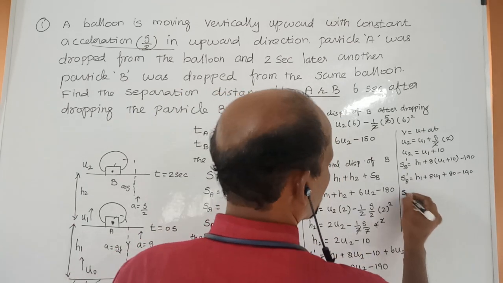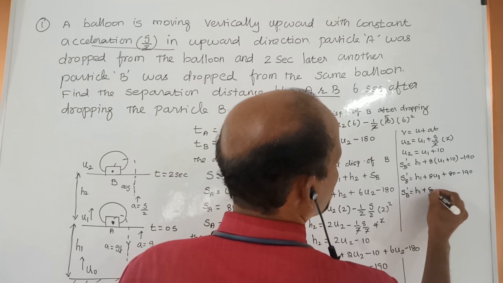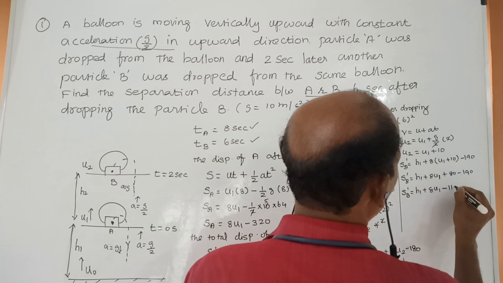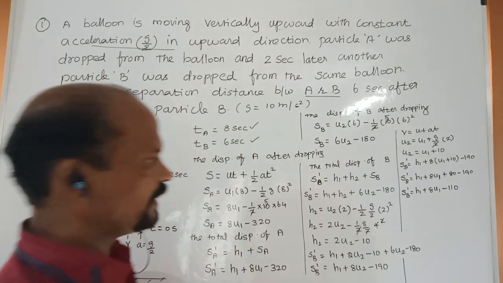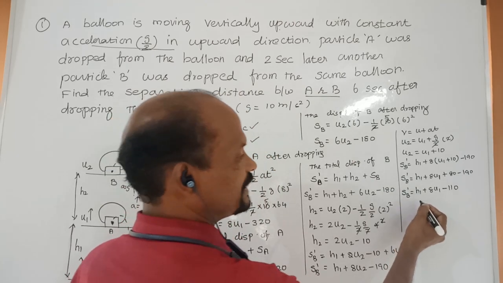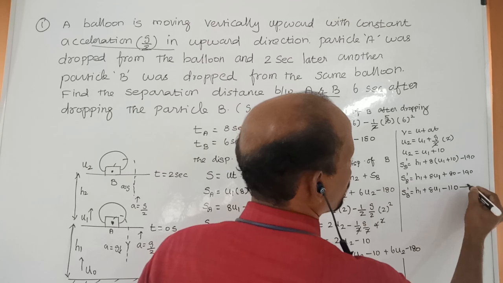Then we can subtract these values: H1 plus 8u1 minus 110. So this is the total displacement of the particle B after dropping.